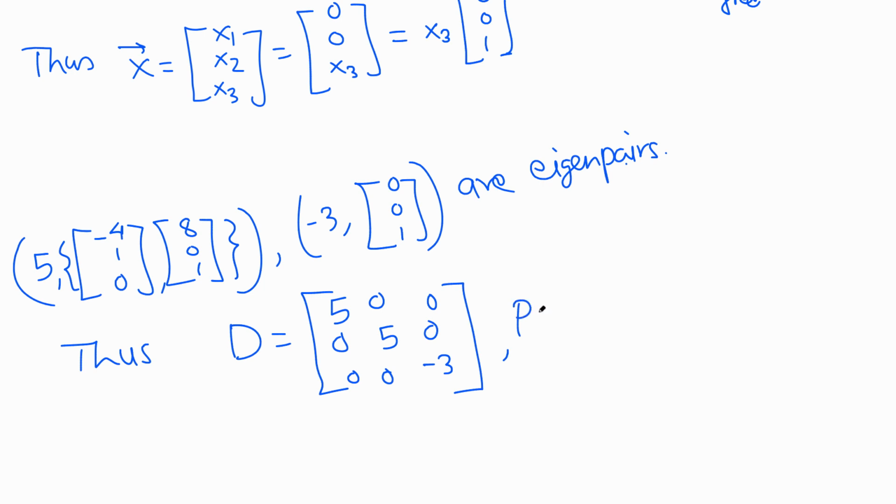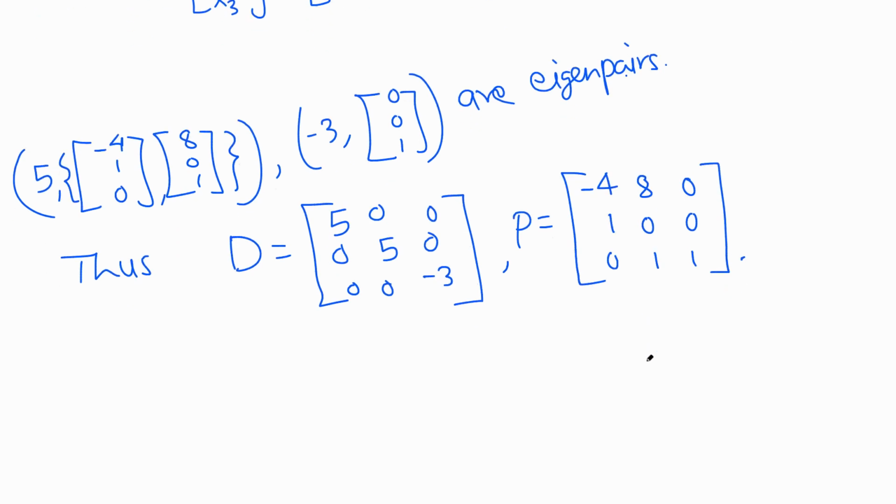And the P matrix will be, look at this 5, now we can write one of these two eigenvectors. So for 5, just write one of them: (-4, 1, 0) is a column, and for 5 another (8, 0, 1), and (0, 0, 1) in the third column. This is it.